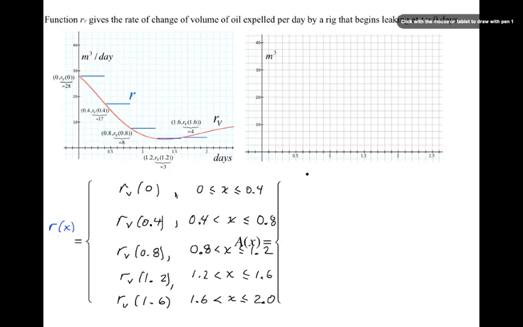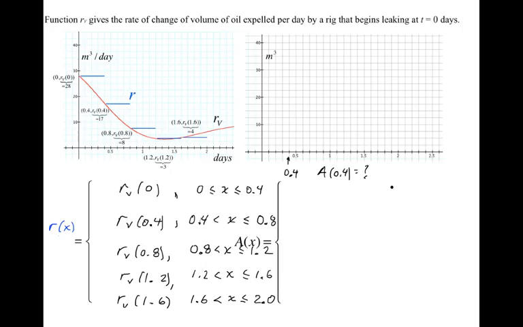So I want to know at 0.4, what would the value of A of 0.4 be? Can you do it? Or write out an expression that would calculate that.